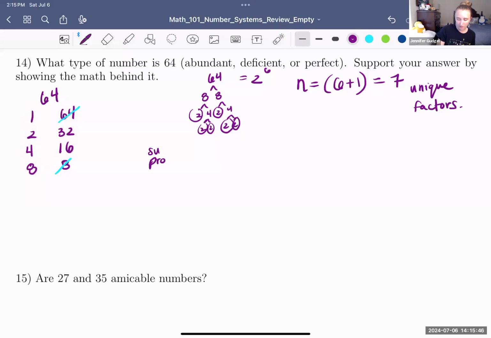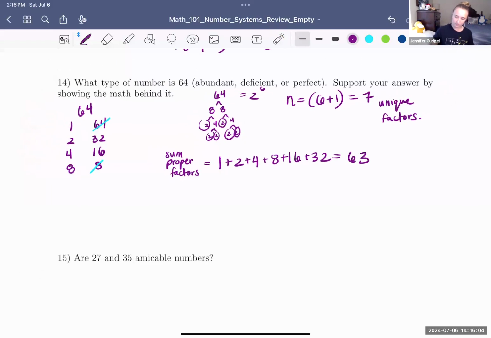So the sum of the proper factors is 1 plus 2 plus 4 plus 8 plus 16 plus 32, which is equal to 63. Ask yourself, does that mean 64 is abundant, deficient, or perfect?